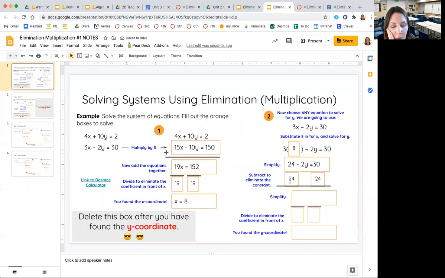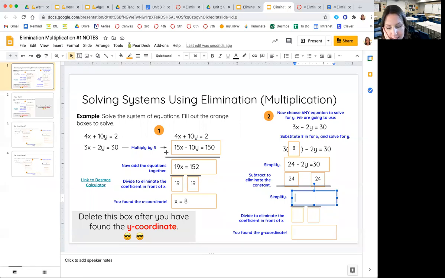Now if we simplify, notice how this is a minus 2y. So when I write it down here, I want to make sure I write -2y. I'm subtracting 24 from 30, so that will give me 6.